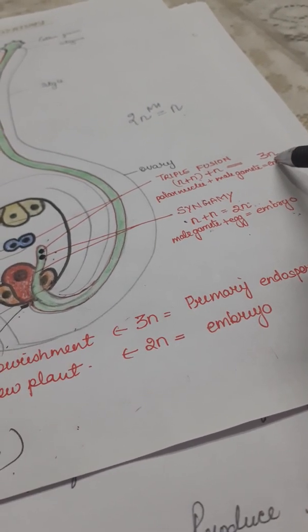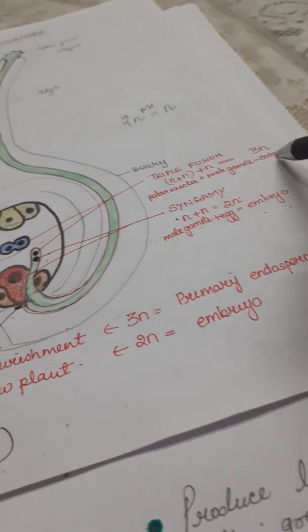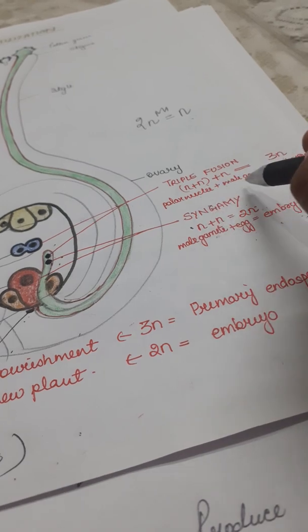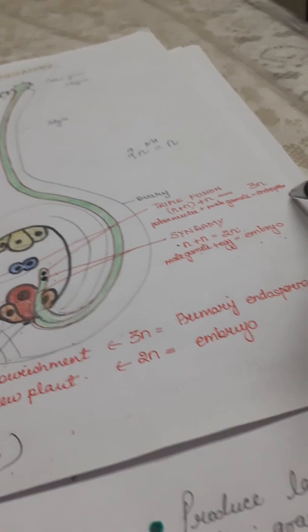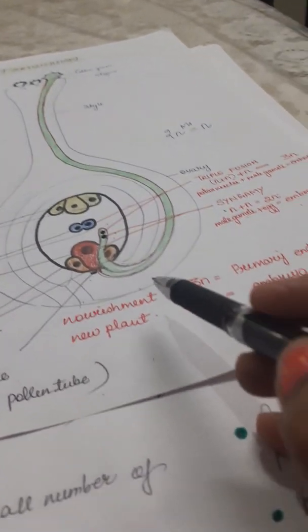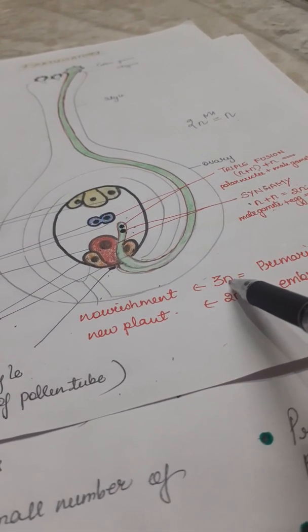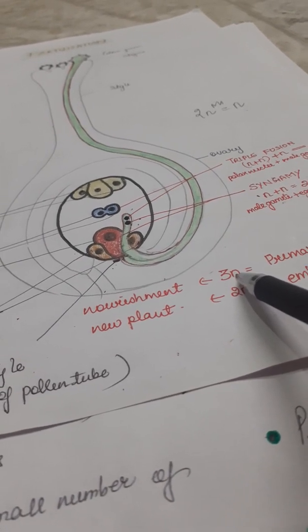That is a triploid nucleus formed. This is diploid, this is triploid. So the two polar nuclei and one male gamete give a triploid nucleus, which will become the endosperm. You must understand that endosperm is the only triploid tissue in the plant. All the rest of the cells are either diploid, or reproductive cells that are haploid.